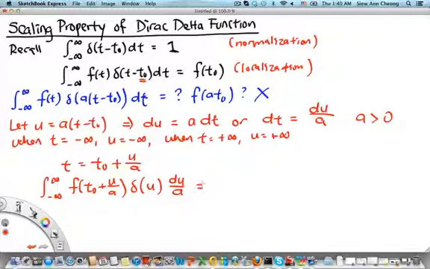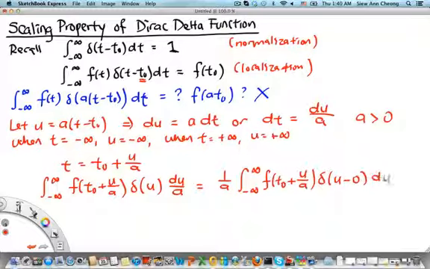So if we put all those together, we get 1 over a, an integral from minus infinity to infinity of f of (t naught plus u over a), and then delta u, which we are going to write as delta(u minus 0) du.